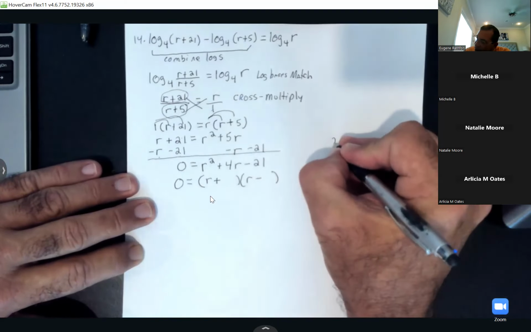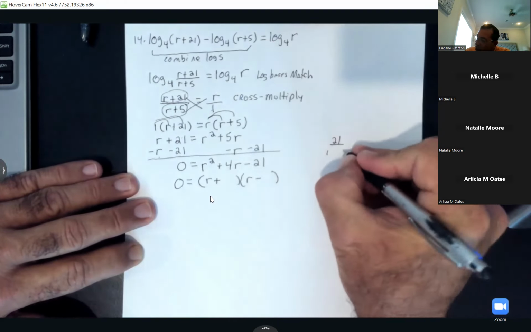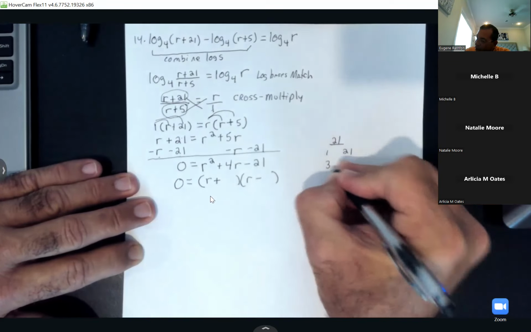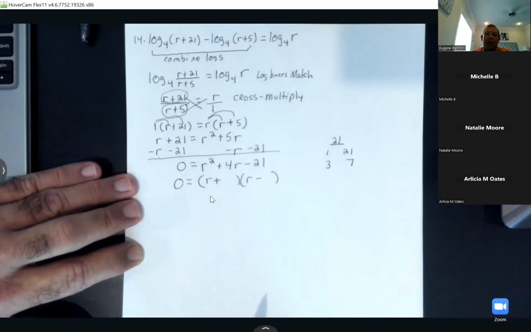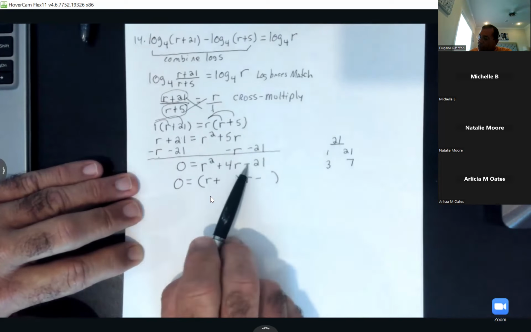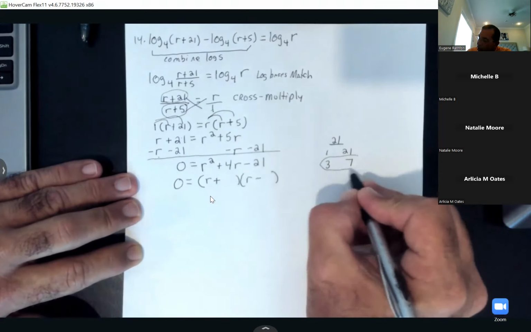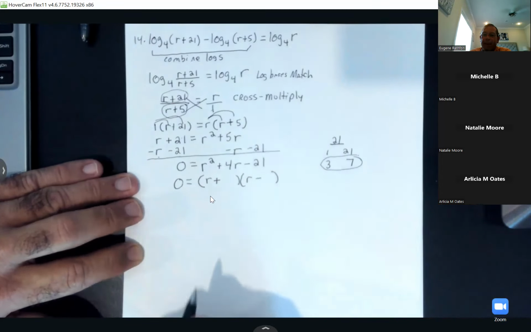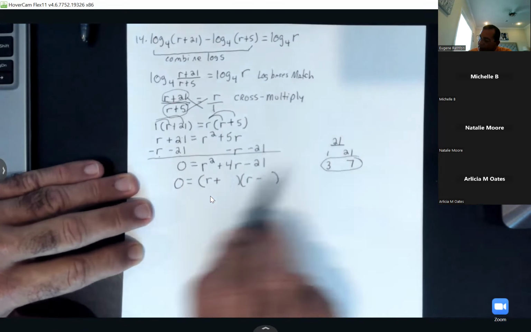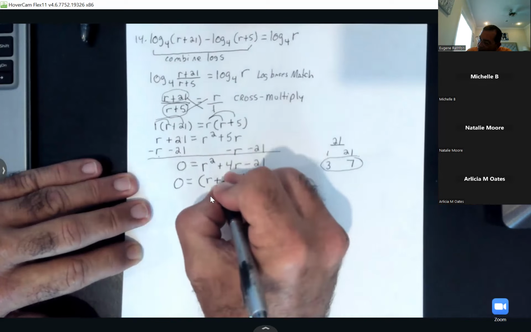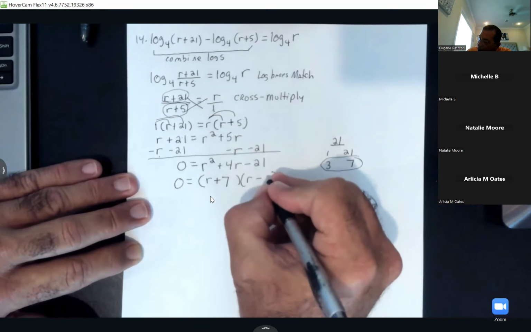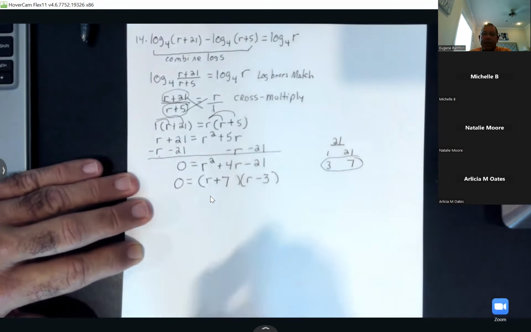So y'all, we need factors of 21, 1 and 21, 3 and 7. If I need factors of 21 that'll subtract and get me a 4, that's going to be 3 and 7. Remember, the larger factor 7 is going to be positive like the middle number. So the 7 is positive, 3 is negative.